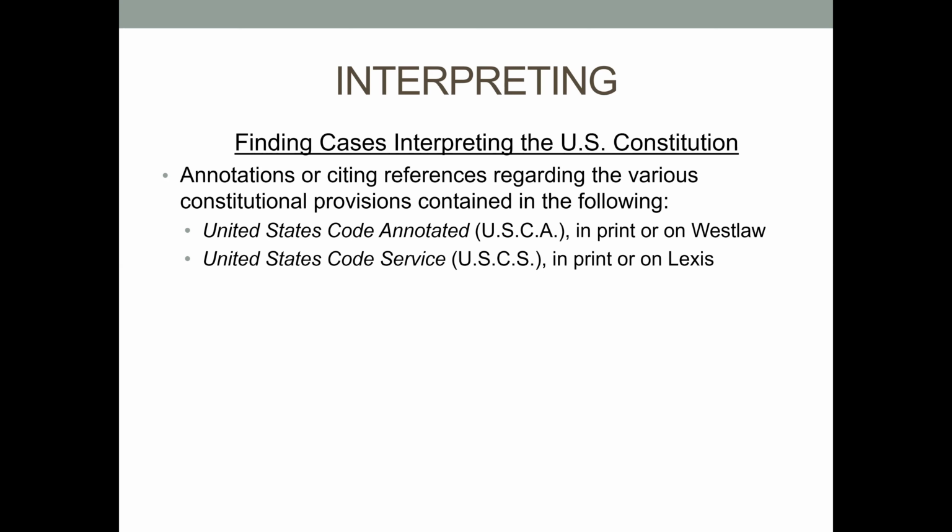You can get the United States Code Annotated in print form, but if you have Westlaw, that is the form of the United States Code and the United States Constitution that's on Westlaw.